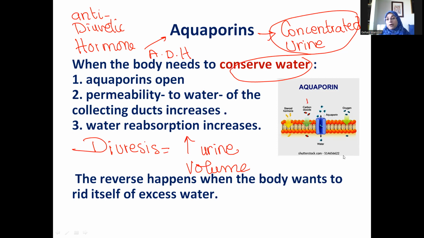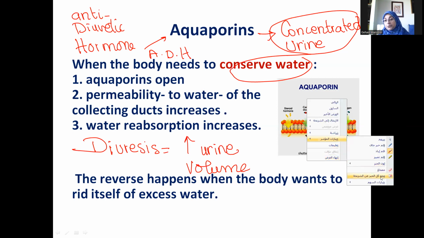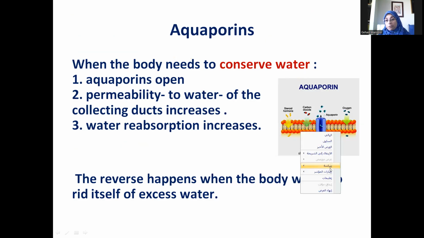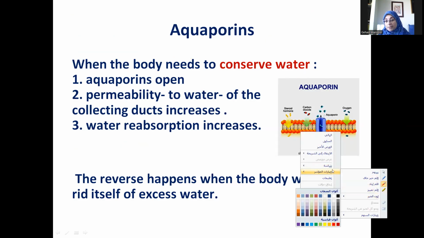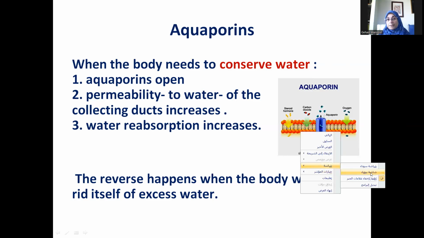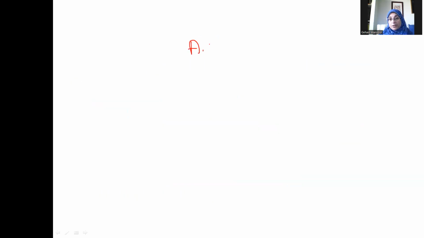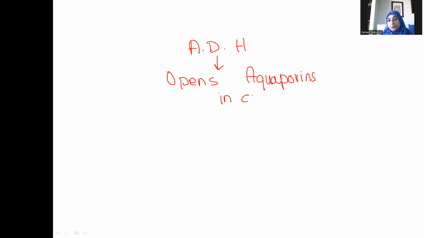If you want to summarize all this, we would open a new screen and write the information related to the antidiuretic hormone. So the antidiuretic hormone opens aquaporins, especially the aquaporins present in the collecting ducts, and therefore it helps water reabsorption, meaning returning water to blood.